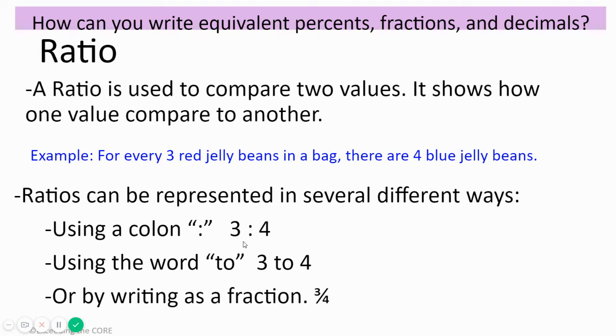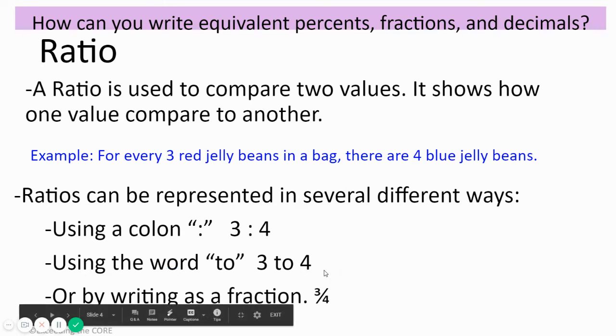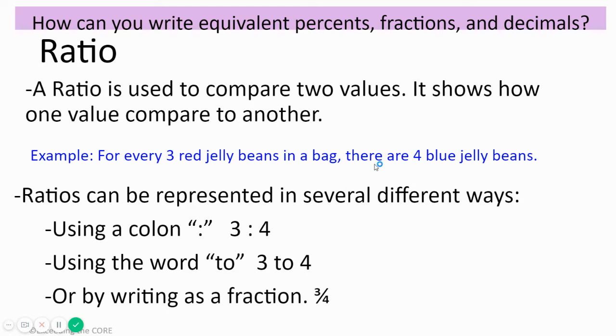If we wanted to say how many red to blue there are, we could write 3:4, but we would say that correctly as 3 to 4, which is just written out in words. Or we can use a fraction, 3 over 4.